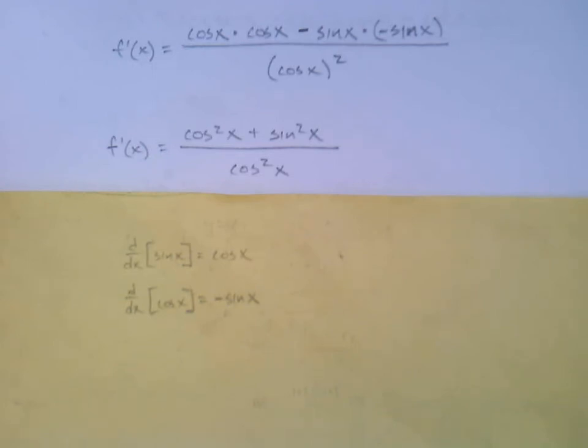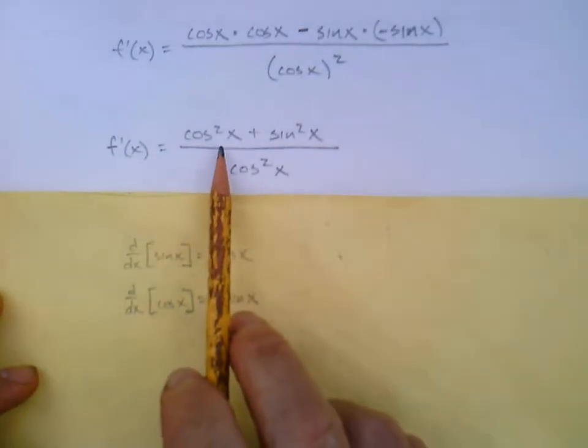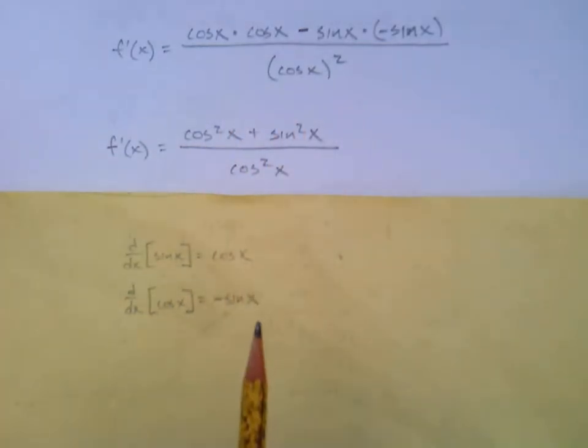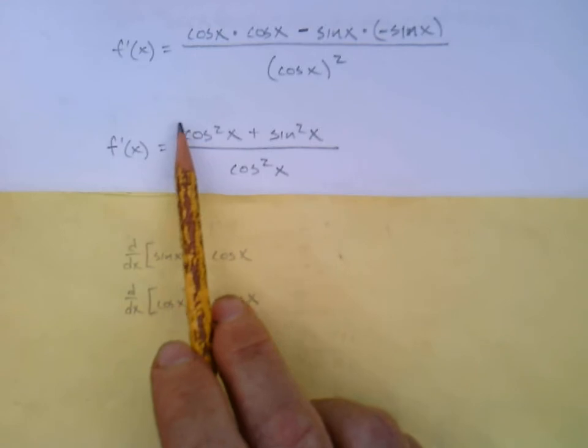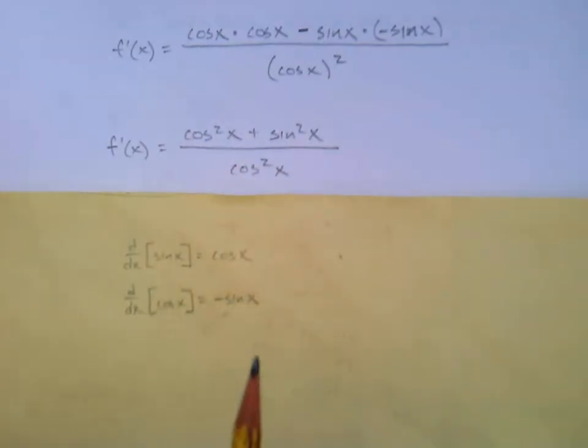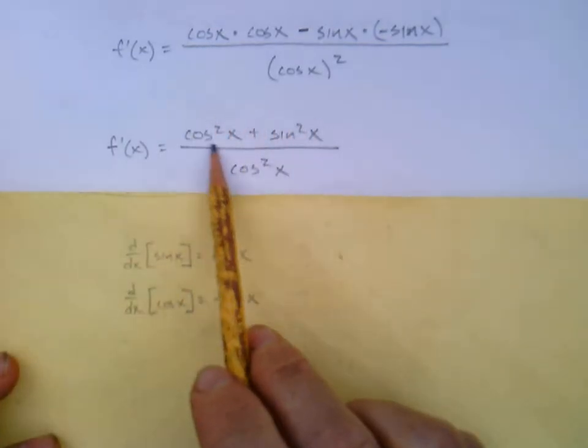Okay, that's cleaning up fairly nice. Hey, do you guys remember the trig identity? It's the number one identity. It's probably the first one you even learned. Cosine squared x plus sine squared x, what that simplifies to, you might remember, all equals 1.